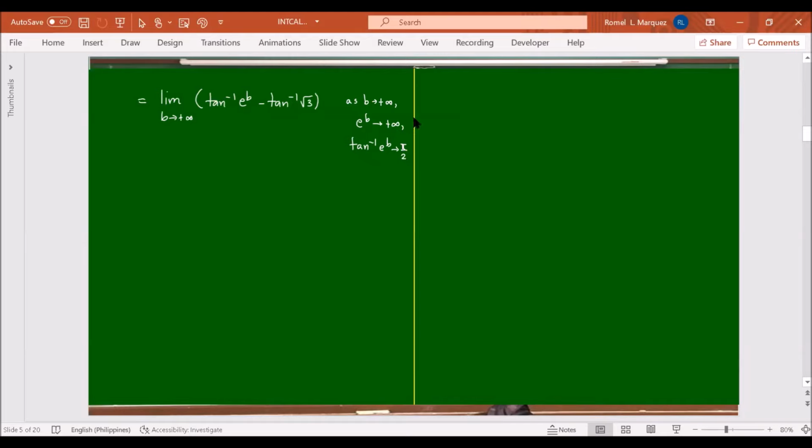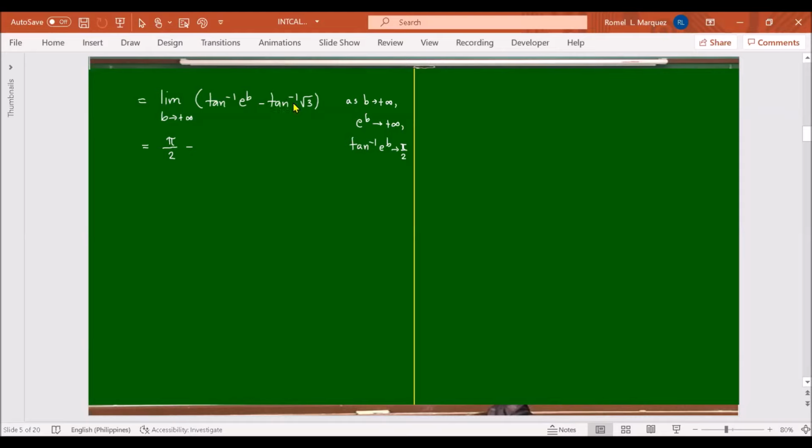So again, as e to the b approaches positive infinity, the value of this inverse tangent gets closer and closer to pi over 2. So hence, its limit is pi over 2. So for the first term, the limit is equal to pi over 2. And for the second term, the limit is simply inverse tangent of square root of 3 because this is constant.